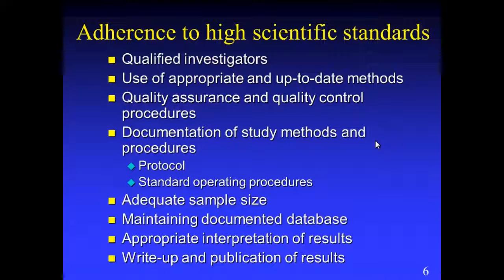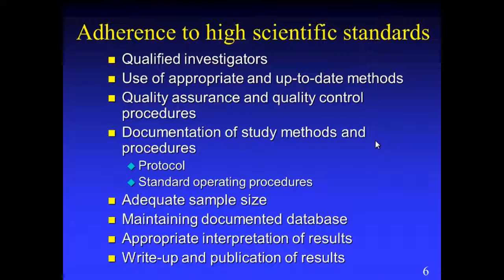The results of the study should be appropriately interpreted, neither over-interpreted or under-interpreted. They need to be interpreted in a balanced way, and related to that, study results should be written up and published. So that's a basic expectation of participants, also an expectation of funders and colleagues.